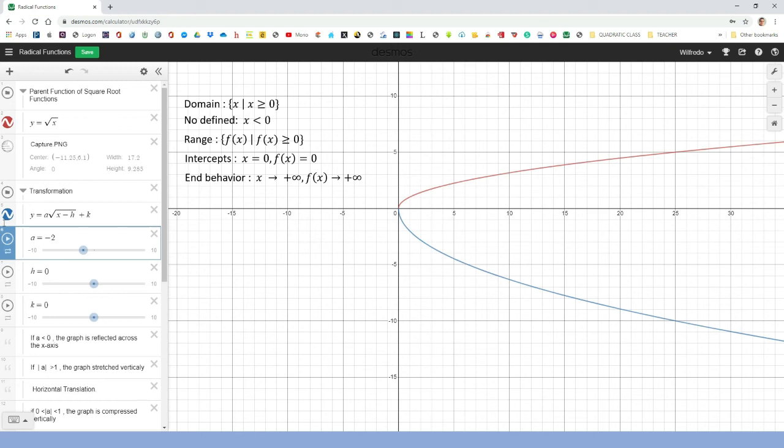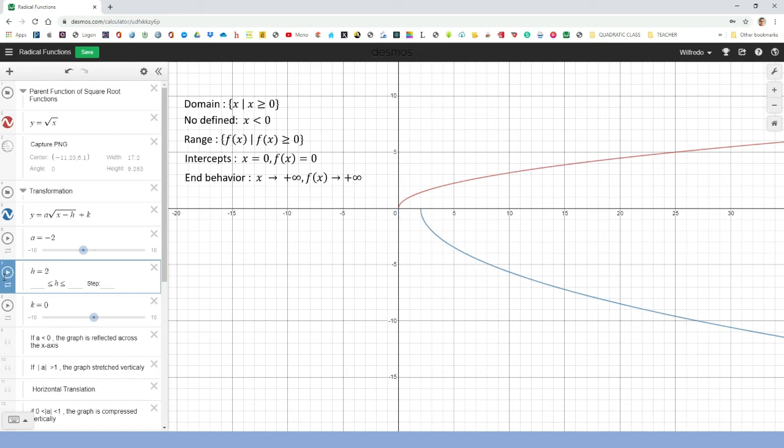Remember, when a is negative, the range of the parent function is negative values. With this same function, I'm going to change h. Suppose that h is, for example, 2. What happened? I move 2 units to the right. But if h is negative 2, I move 2 units to the left.